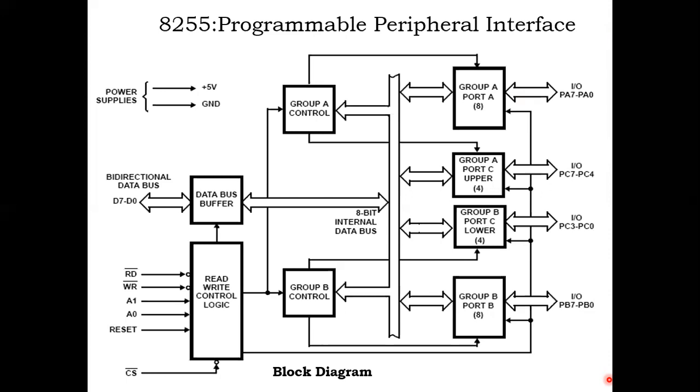Let's see the architecture of 8255. In 8255 we have 3 ports: port A, port B, and port C. The total ports are defined in 2 groups.